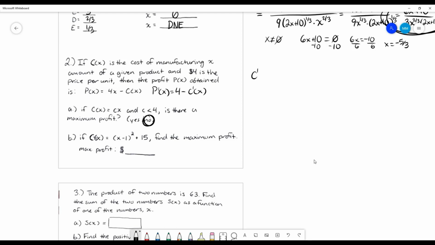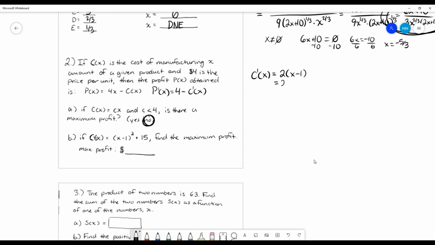So let's find the derivative of c of x. Well, first we've got chain rule. So I've got the derivative of my outside, so I'm going to put that 2 in front of my inside times the derivative of my inside. Well, the derivative of my inside is just 1, so it actually does just get left like this. And then plus 15. The 15 goes away because it's a constant. So this is the derivative we've got there.